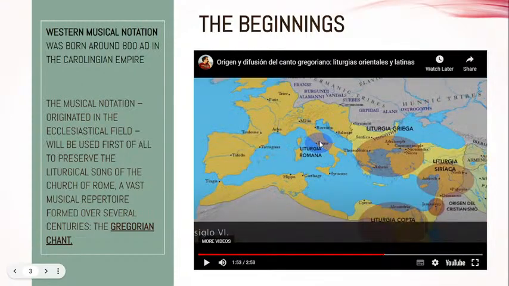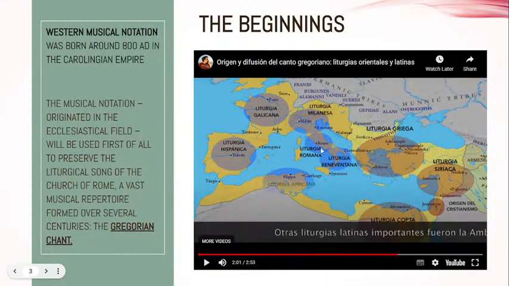And then from here, because we know that this is during the Roman Empire, that is what produced the expansion. From Italy you have the Gallican, which is Gallia in France, and then the Hispanic. So it was basically going everywhere.